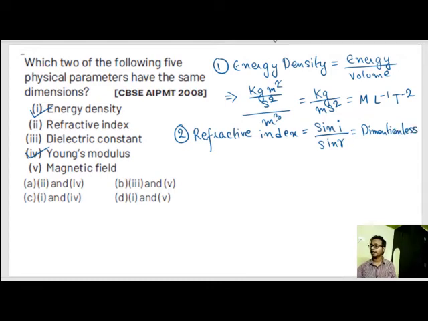Okay. Dielectric constant, this is from electrostatics. Dielectric constant or relative permittivity is equal to ER, or the permittivity of a medium divided by the permittivity of free space, which becomes dimensionless.